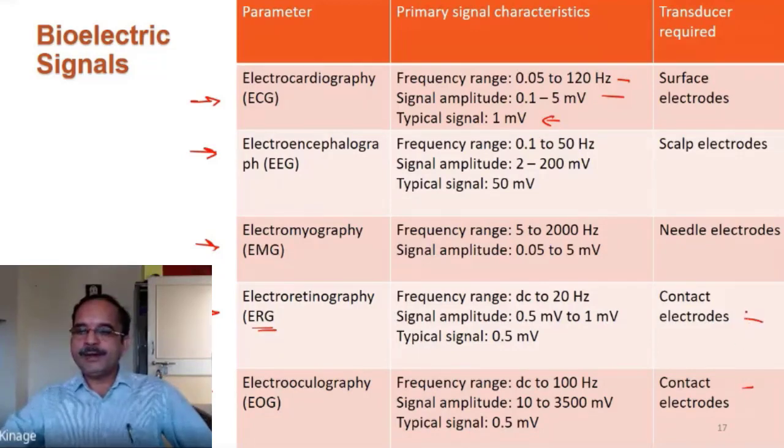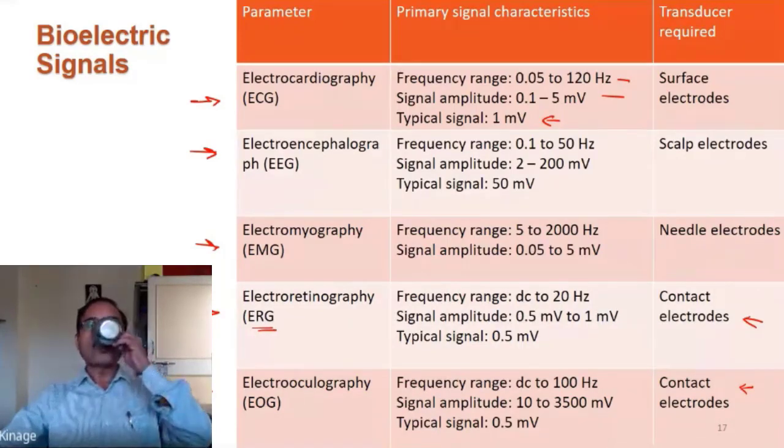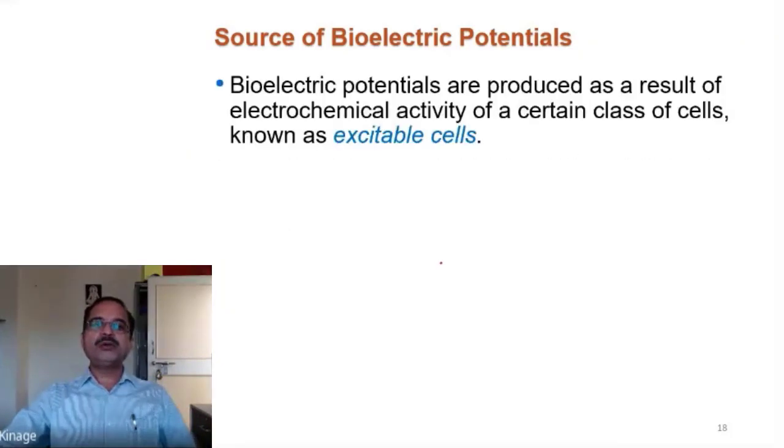Now in this unit, the last part of unit number 1, it is about the different types of electrodes used to measure these electric signals, bioelectric signals. So this was all about the discussion related to bioelectric signals. What are the different types of biomedical signals?